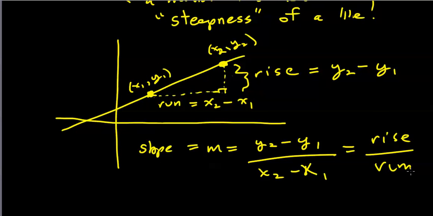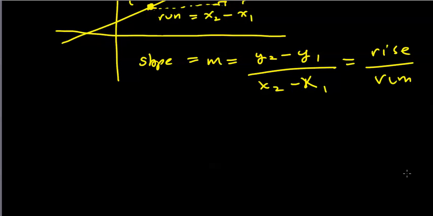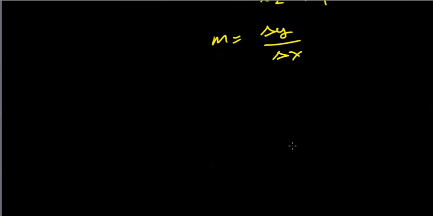So given any 2 points on a line, I can always calculate the slope. Sometimes rise over run is denoted with delta notation, delta y over delta x, change in y over change in x. Now I'm sure we've done this many times since our first algebra course.